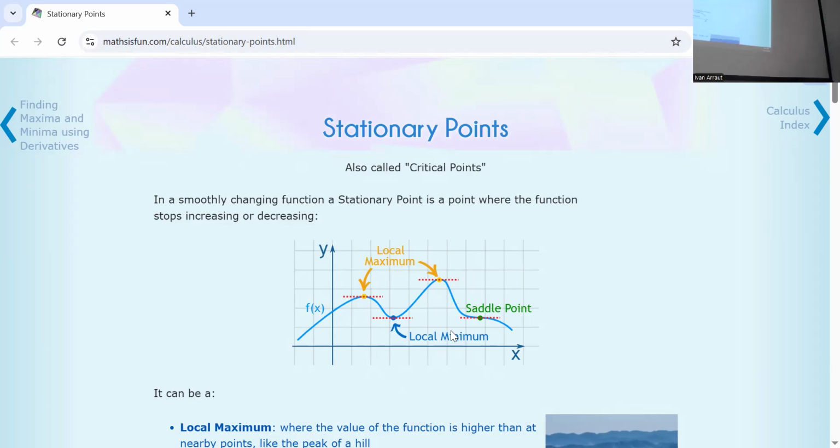Now, when I evaluate the second derivative, if it's smaller than 0, it means you are changing from positive slope to negative slope. That's a maximum.